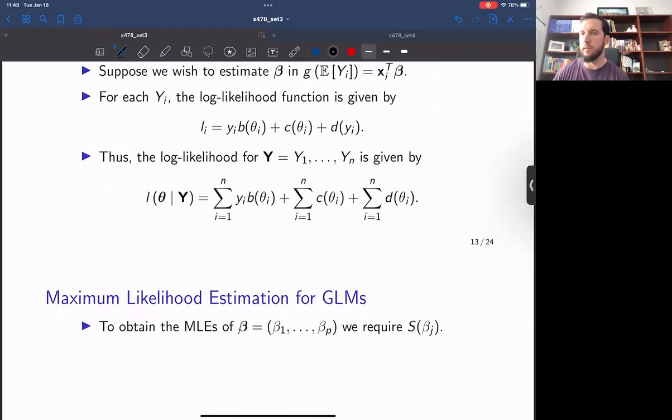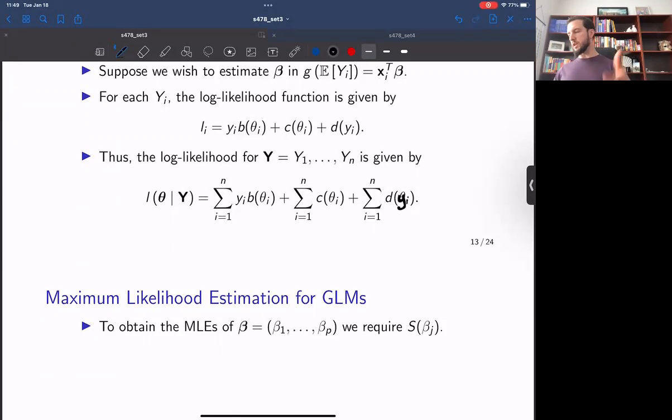But if there are components attached to y that are included in these, then the sum has to be there. Sorry, this is not a theta. If there's nothing, the c theta i could also be written as n c theta i, and the d is a function of yi, so the sum has to be there.